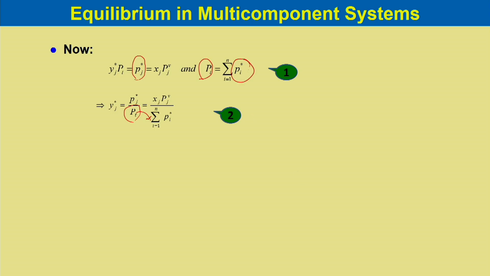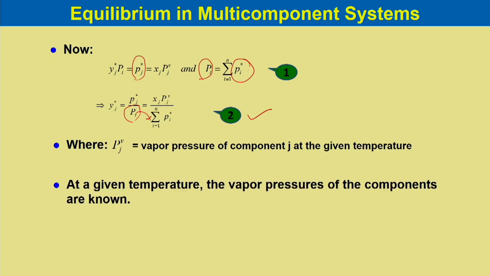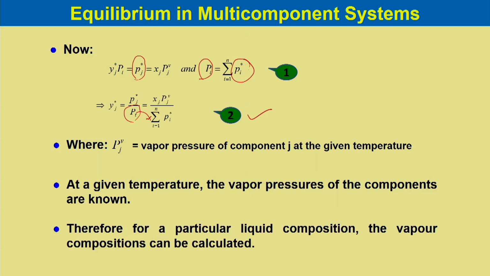So, this is equation 2, where Pj^v, as I have said before, is the vapor pressure of component J at the given temperature. At a given temperature, the vapor pressures of the components are known. Therefore, for a particular liquid composition, the vapor composition can be calculated.